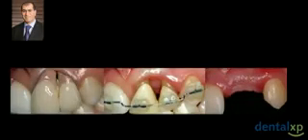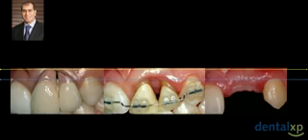But is this enough? Is this what we need? In order for us to determine if this is the adequate volume, first we have to take a look at where we started. And at first look, it looks like we did not do so bad. If you take the free gingival margin of the adjacent teeth, it looks like we've probably improved the situation, but that's not enough.